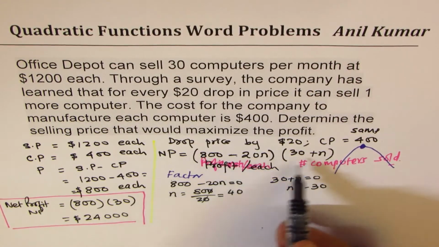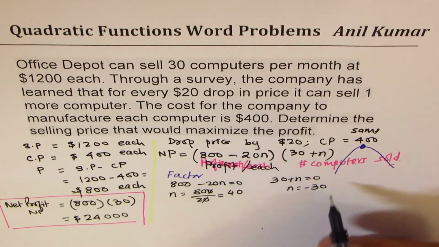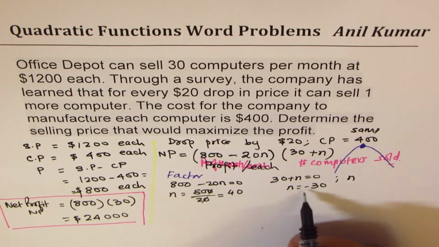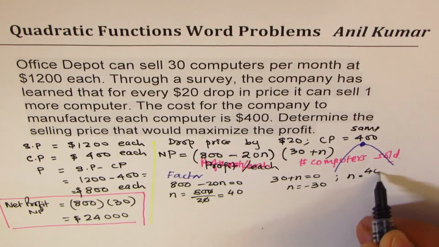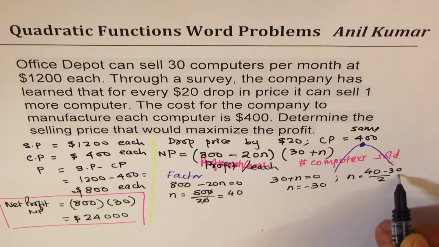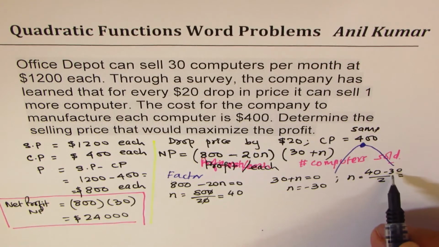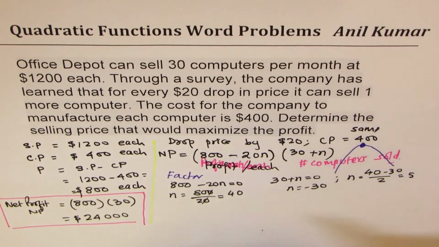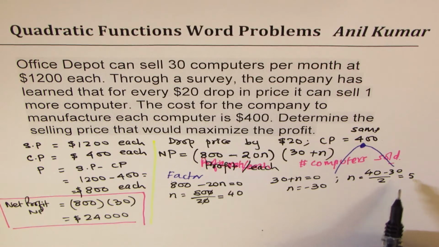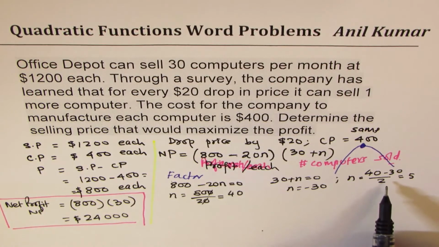So the axis, which will be right in the center, will be where? Midway between them, which is 40 minus 30 divided by 2. And that is 40 minus 30 is 10, divided by 2 is 5. So for n of 5, we are going to get maximum profit, correct? What do we need to find?